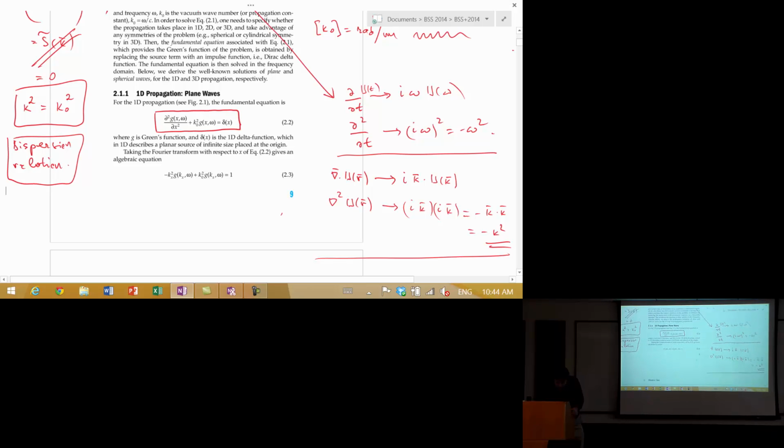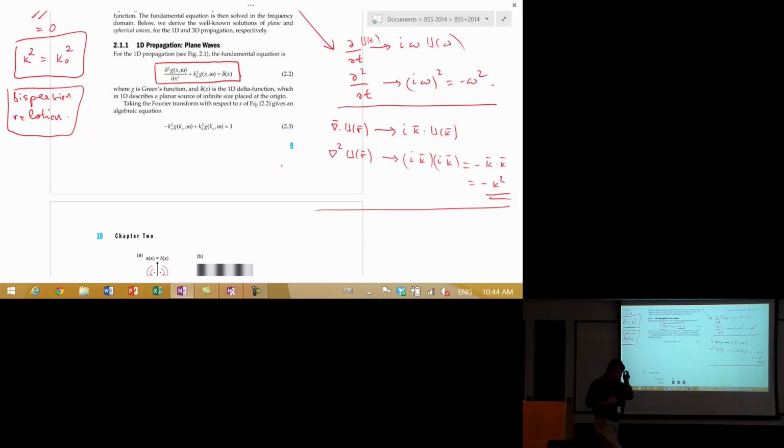It tells you that if you have a certain frequency, so remember this is omega squared over c squared, if I have frequency omega propagating in free space, the amount of change per unit space, the spatial frequency k, is fixed.